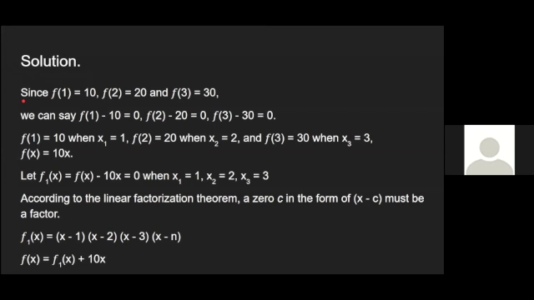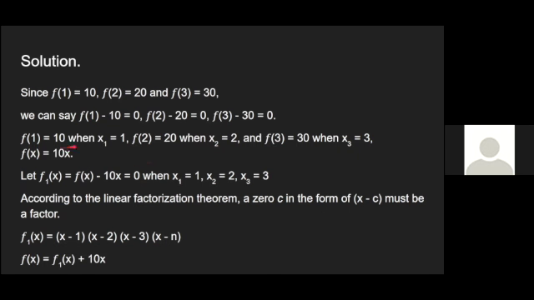So our solution: since f(1) equals 10, f(2) equals 20, and f(3) equals 30, we can say f(1) minus 10 equals 0, f(2) minus 20 equals 0, f(3) minus 30 equals 0. So f(1) equals 10 when x1 equals 1, f(2) equals 20 when x2 equals 2, and f(3) equals 30 when x3 equals 3.